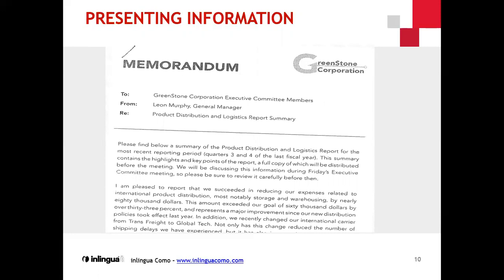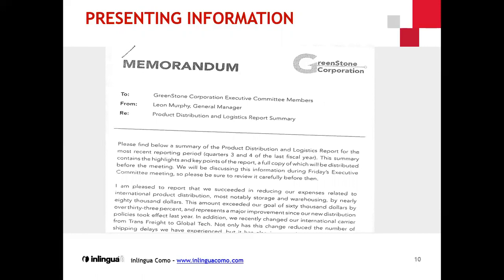And now we have an example memorandum. To: Green Store Corporation Executive Committee members. From: Leon Murphy, General Manager. Reference: Product Distribution and Logistics Report Summary. Please find below a summary of the product distribution and logistics report for the most recent reporting period. This summary contains the highlights and key points of the report, a full copy of which will be distributed before the meeting.